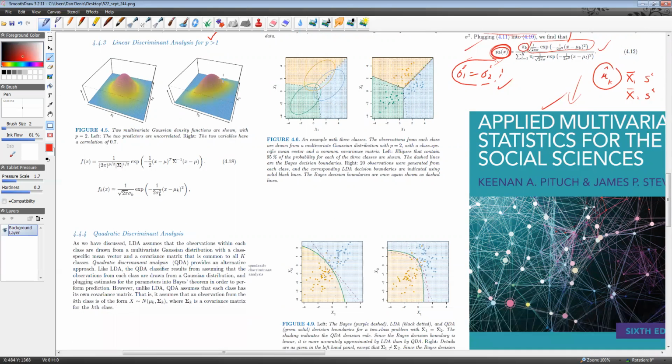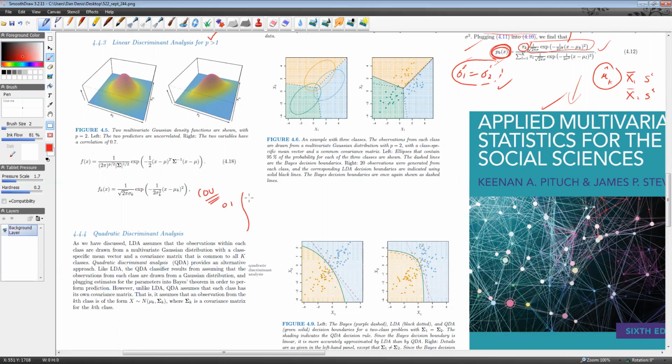Everything gets more complicated. Now, why does it get complicated? Well, it gets complicated for one reason: in this situation, you have covariance. We have more than a single variable trying to do the prediction.